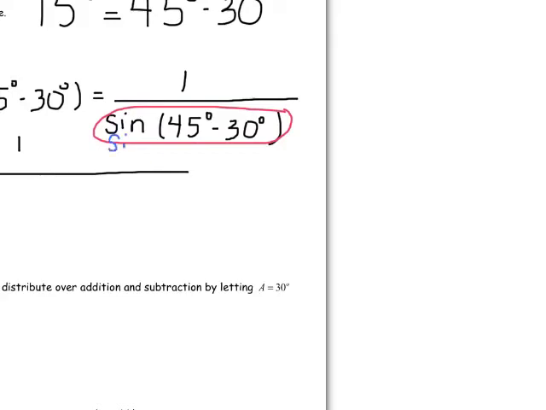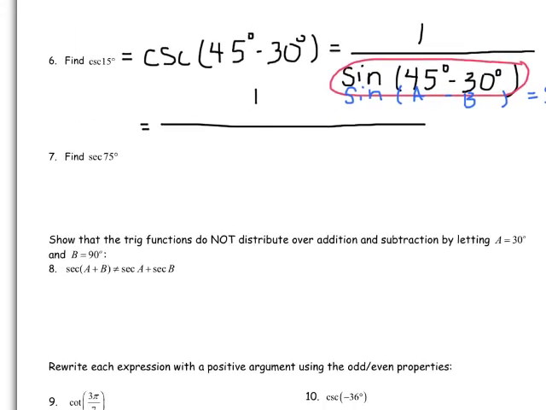Sine A minus B is equal to sine A cosine B minus cosine A sine B. I'm going to write all of this, but using 45 for A and 30 for B. All right, let me do it in red because I'm writing this using the expansion.